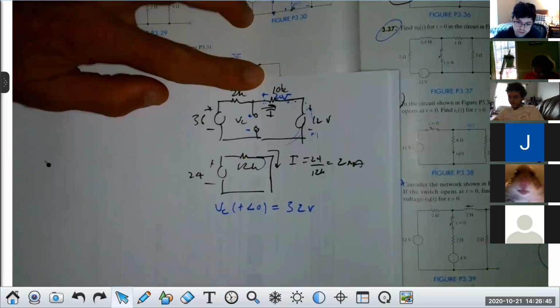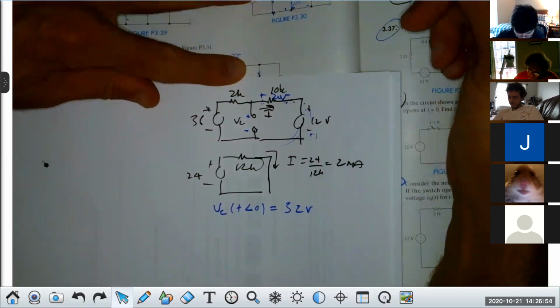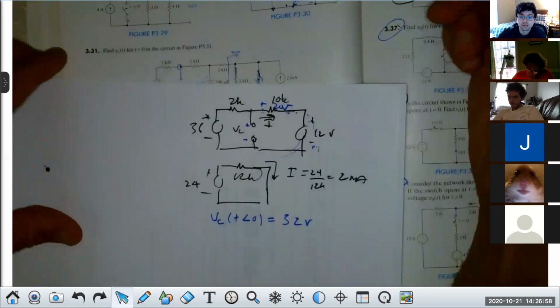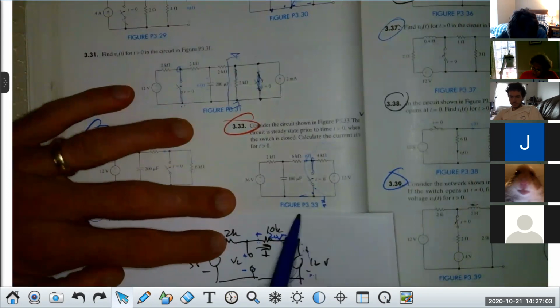All right, now once I have that, the next thing I need is the voltage as t goes to infinity, usually. Let's re-examine this circuit. Here, this is 33, right? Now take a look. When this switch closes, what happens?